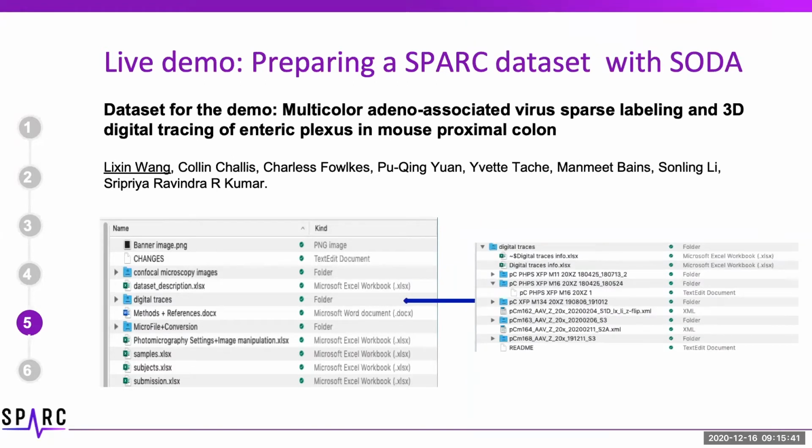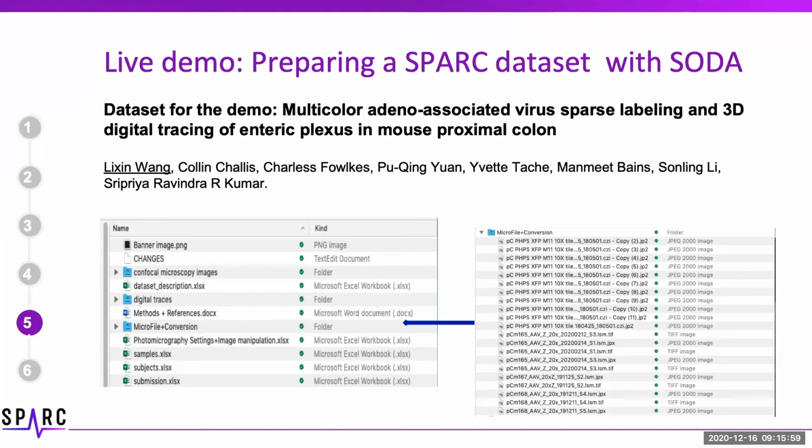Besides raw images coming directly from the confocal microscopy, the dataset contains innovative digital segmentation and tracing of nerves in 3D using Neurolucida.